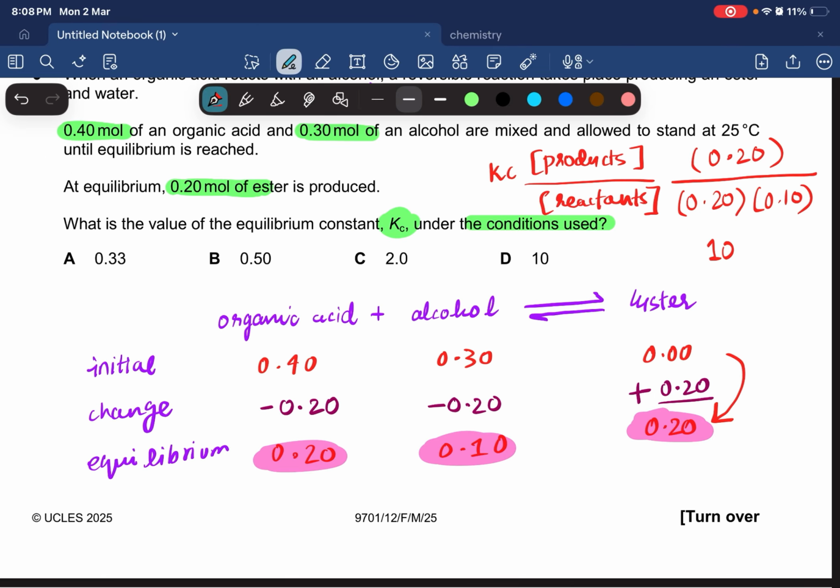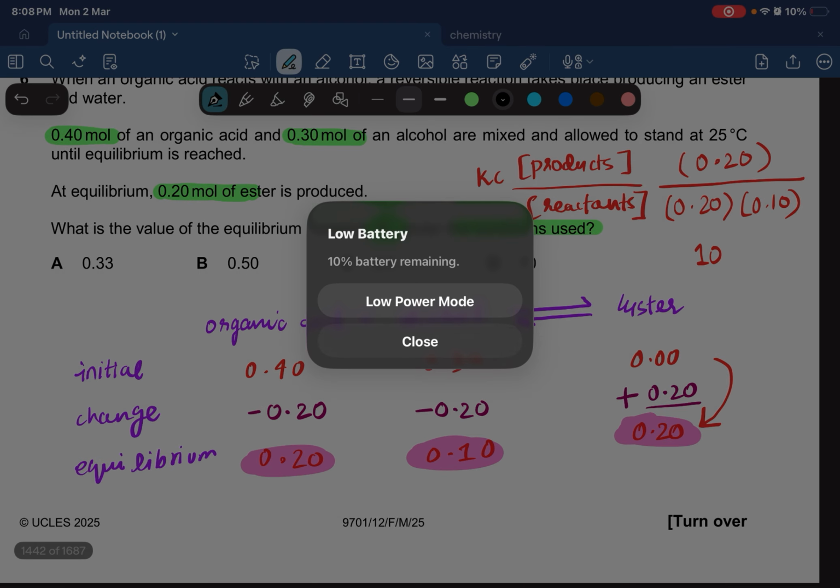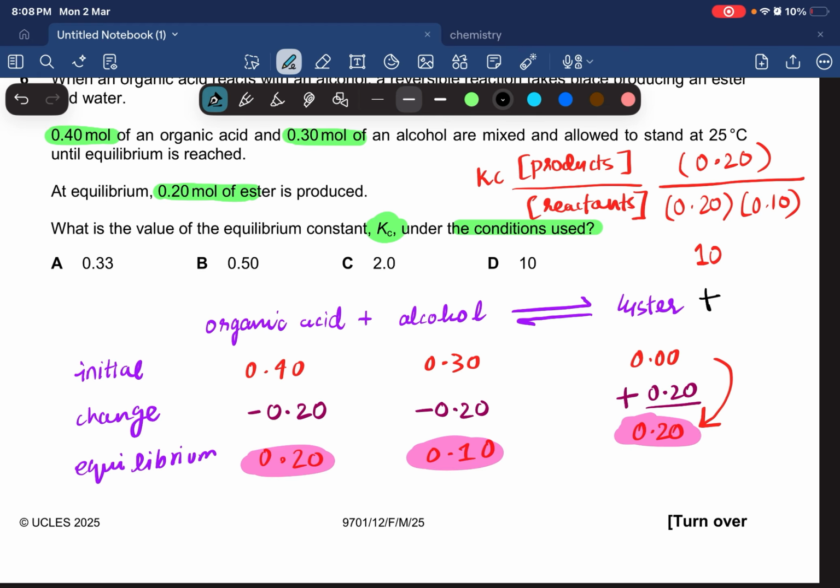So I just realized a small mistake I was making over here. It was the moles of water. We didn't consider water, and I just realized how can I get 10 over here, that's a really big value. Looking at the marking scheme, we missed the moles of water. So 0.2 moles of water are also going to be formed, okay?